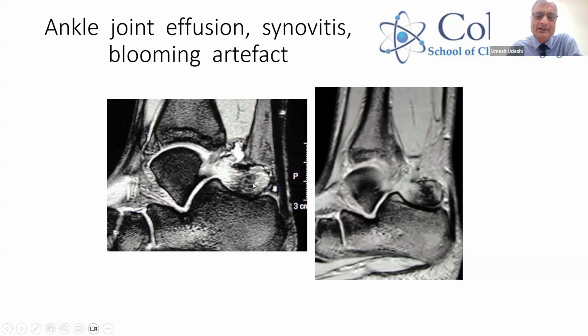So actually there's been some bleeding into this joint. And part of this fluid may be altered blood or it's synovial fluid, but there's been bleeding into it. So you might see this appearance in conditions such as PVNS, pigmented villonodular synovitis, or trauma, or something along those lines. But MRI is actually pretty good at telling us when there's been bleeding.